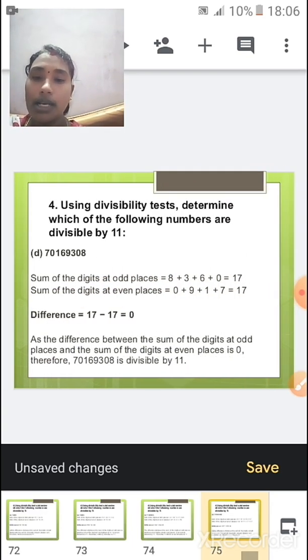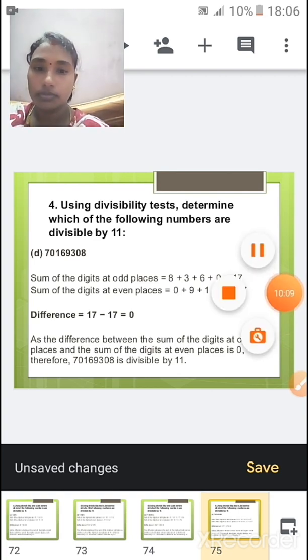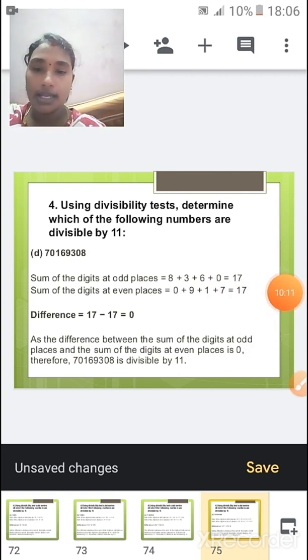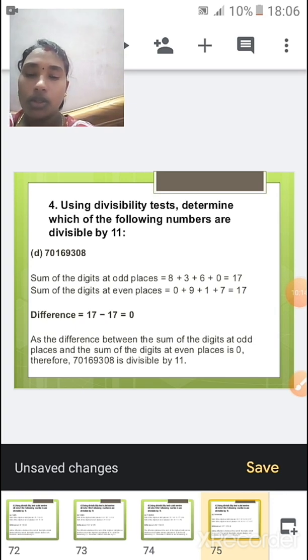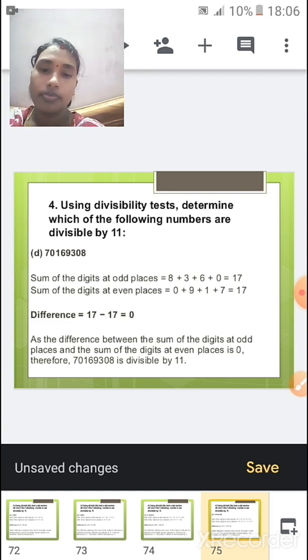So let us go to the D sum. So next we have a pretty big number, 7 crore 1 lakh 69,308. So when you are adding the numbers present at the odd places, from the right you have 8 plus 3 plus 6 plus 0, which gives you 17. And from the right you take in the even places, you have 0, 9, 1 and 7.